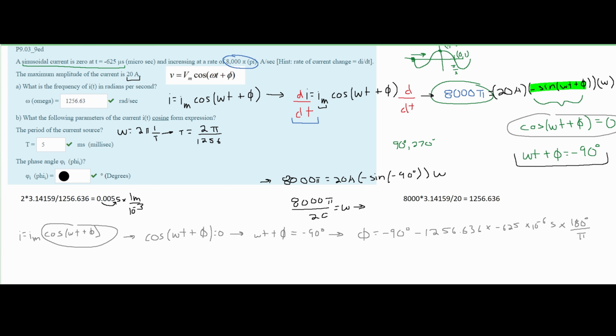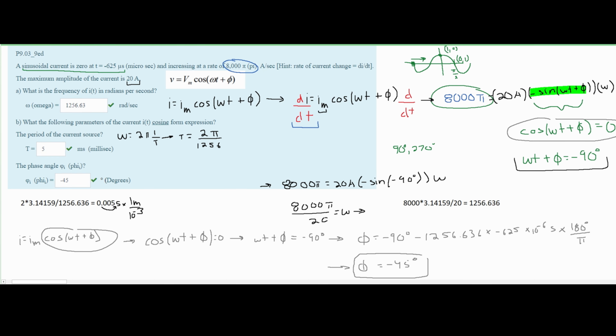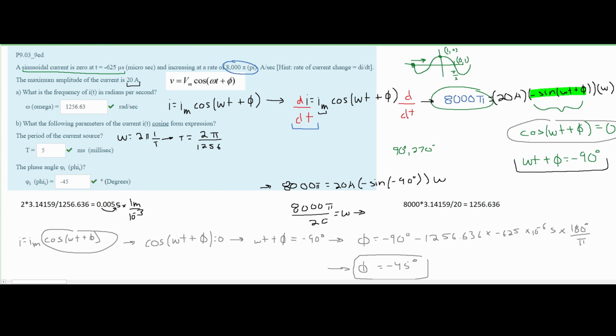After we carefully plug this into a calculator, we get that our phase angle is approximately negative 45 degrees. And this will be the answer for our last part. And that is how you would go about solving this problem. If you want more introduction to circuit analysis, there's a playlist and notes in the description below covering this entire course.